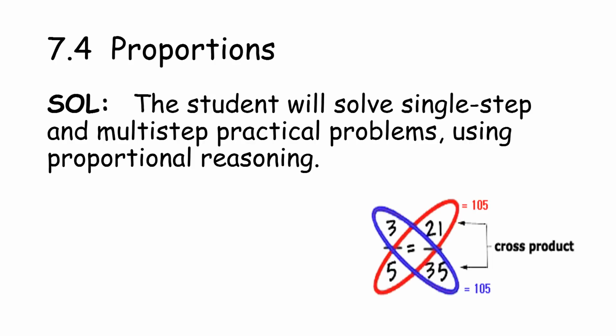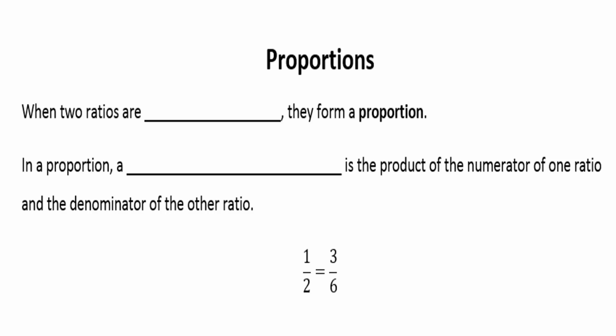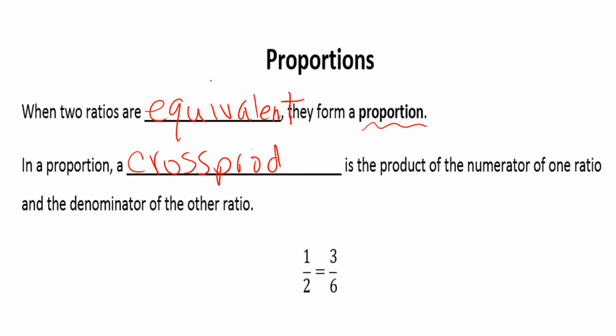Let's talk about proportions. When two ratios are equivalent, equal, they form a proportion. In a proportion, a cross product is the product of the numerator of one ratio and the denominator of the other ratio.